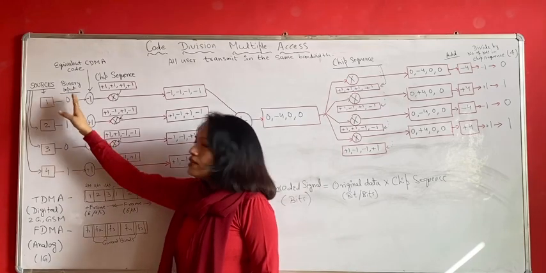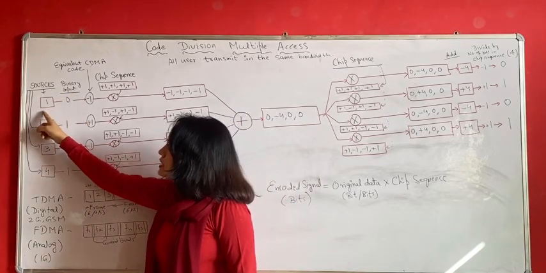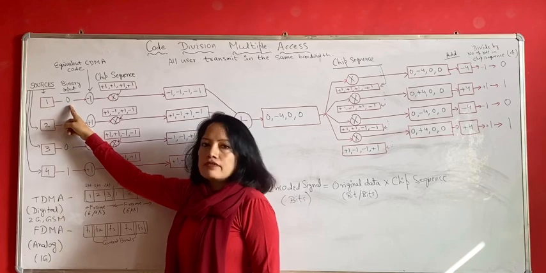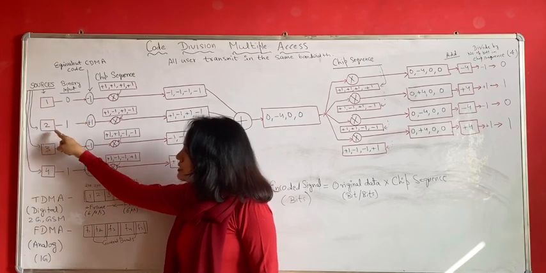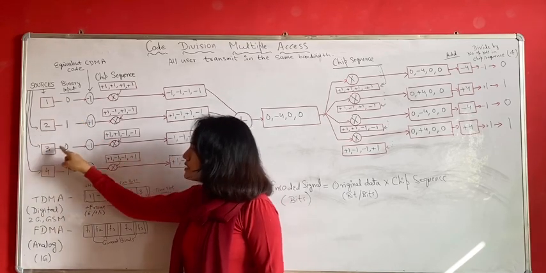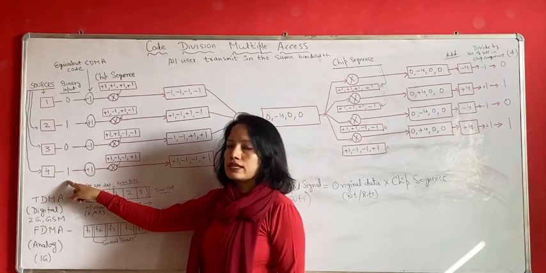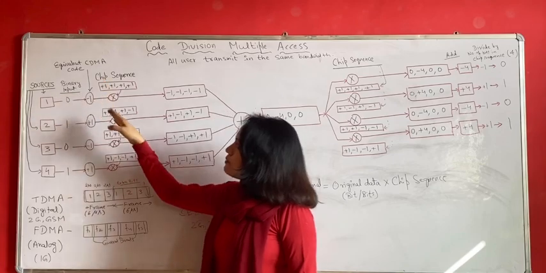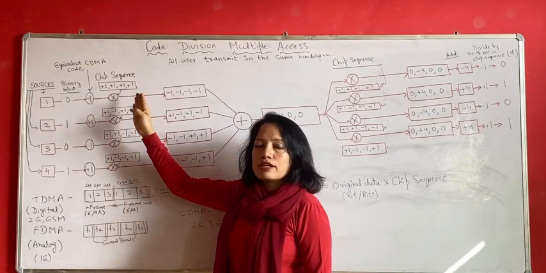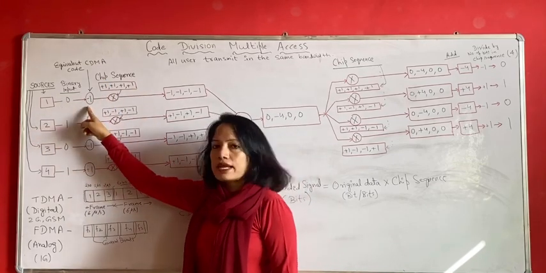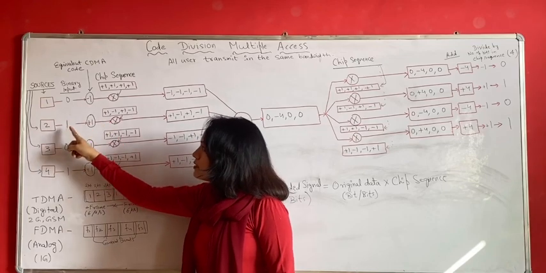At a particular instant of time, source 1 is sending the binary data 0, source 2 is sending 1, source 3 is sending 0, and source 4 is sending 1. Now in CDMA technology, the equivalent CDMA code for 0 is -1 and for 1 it is +1.